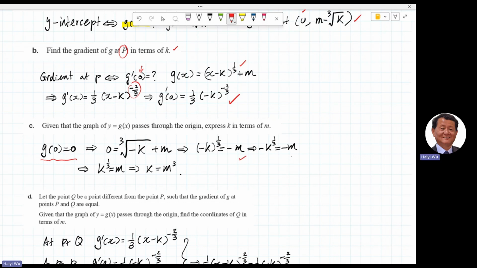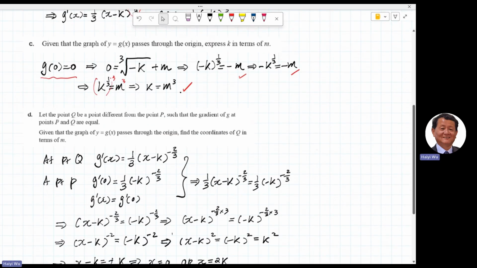So we solve for k in terms of m. k to the power 1/3 is m. So we raise both sides to the power 3, so the answer is k is m to the power 3. So we use the index law.